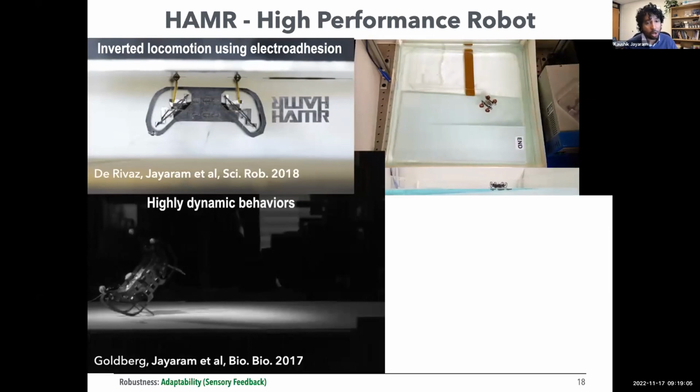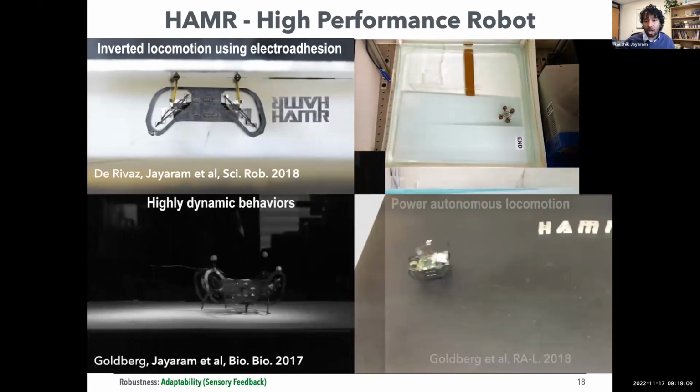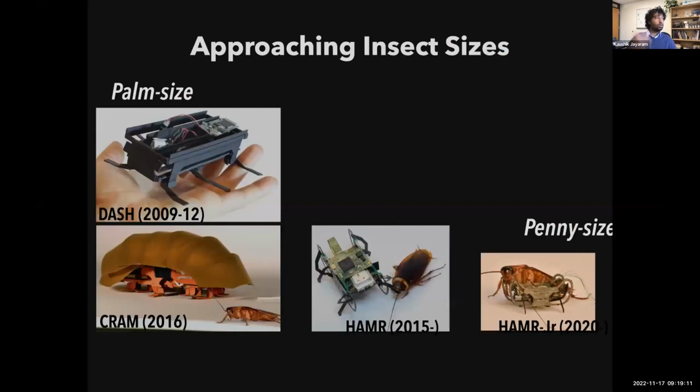Also, because of the small size, these systems are capable of really highly dynamic behaviors. And we can also make them autonomous by integrating power and control on board. And so what I want to show is this origami-based approach has been really successful in a variety of scales, ranging from palm-size scale robots all the way to penny sizes.